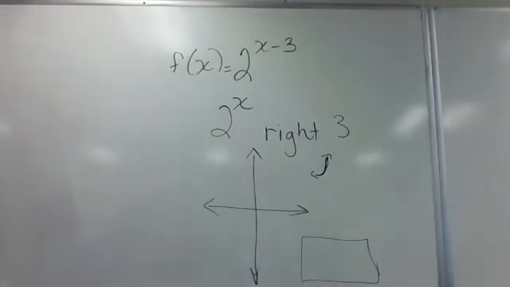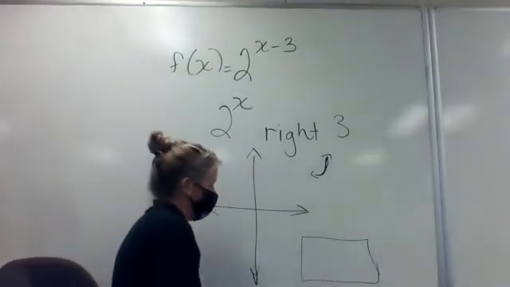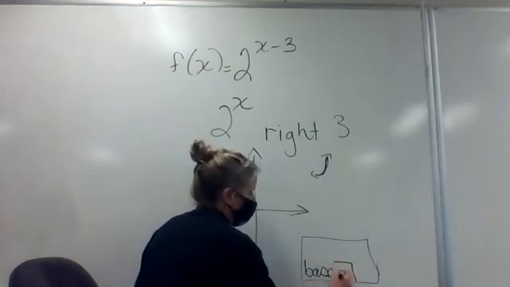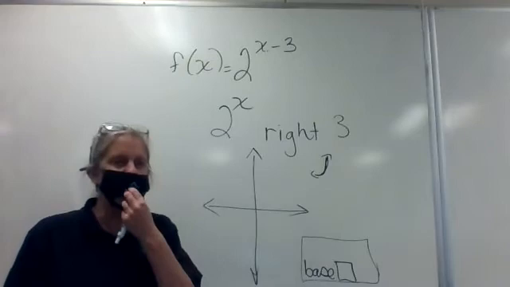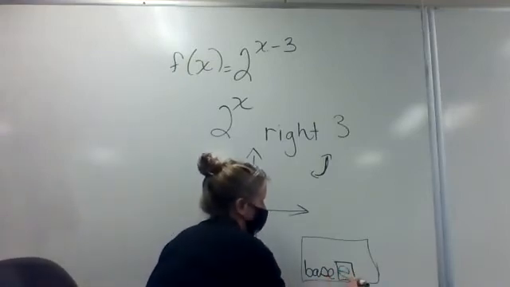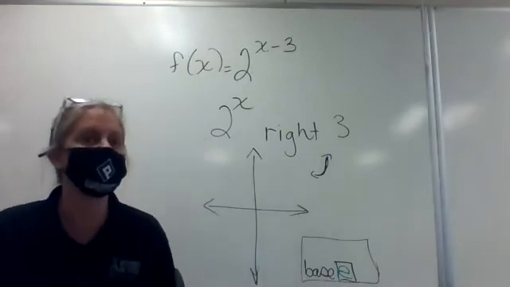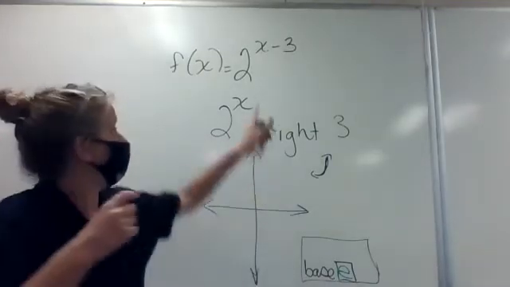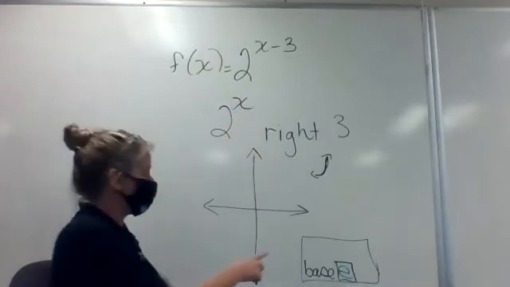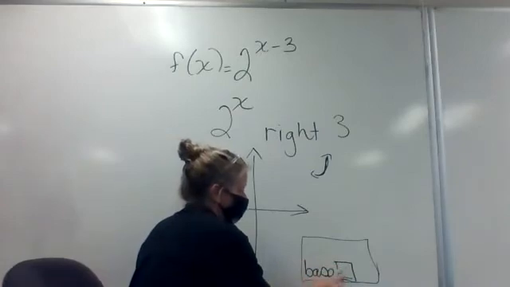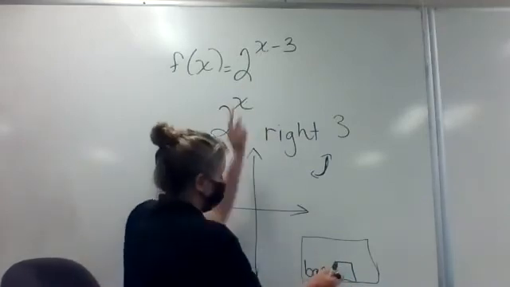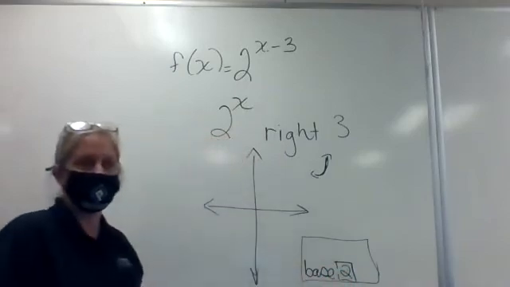Now, something else that'll drive you crazy on this problem and the other one, it's also going to have in this shifting box, it's going to say base, but instead of it being blank, it's going to have an E in there. That's the default, that the base of the exponential function is an E. So you're going to have to actually go in here and delete that E, because the base of this function is 2.